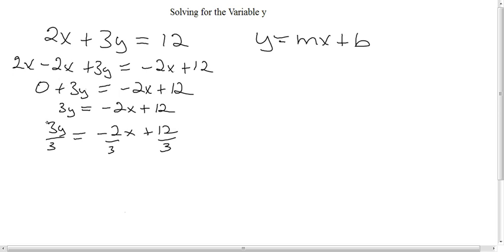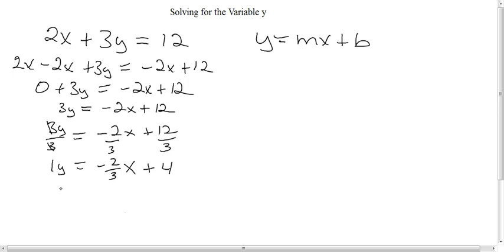Now 3 goes into 3 once, so 1y is equal to a negative 2 over 3, writing it as a fraction, x plus 12 divided by 3 is 4.